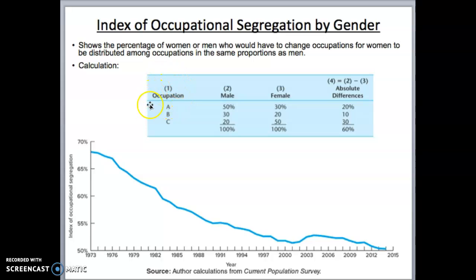This data here shows 3 occupations, occupation A, B, and C. And then we have the proportions in each occupation that are male and the proportions that are female.